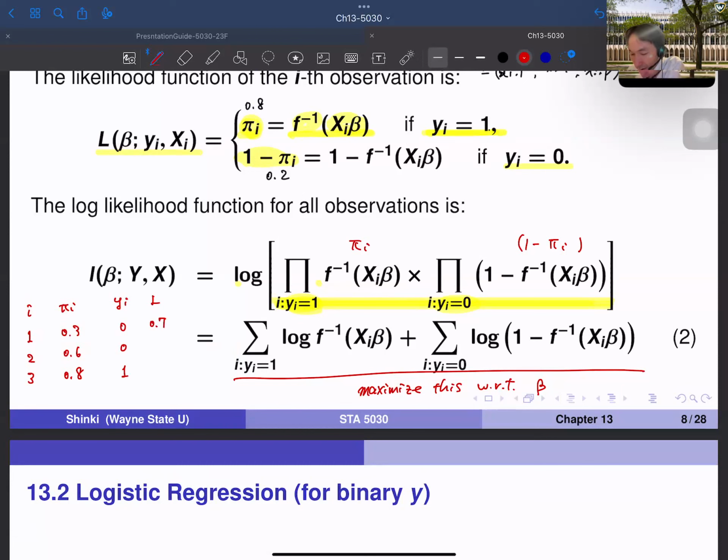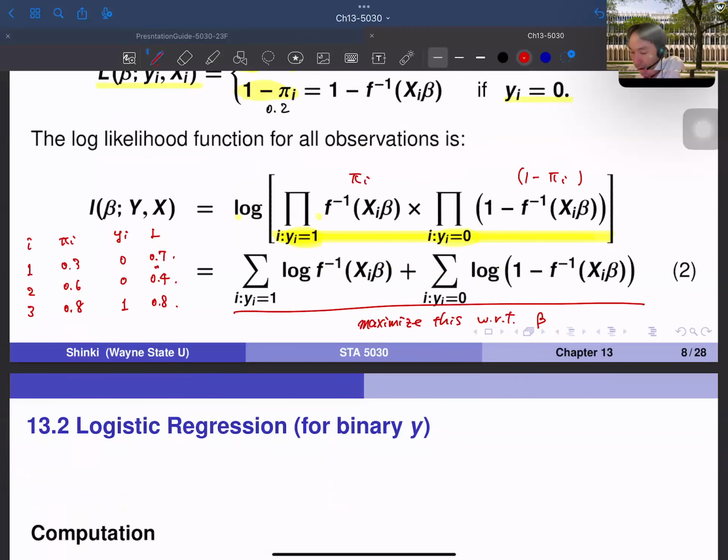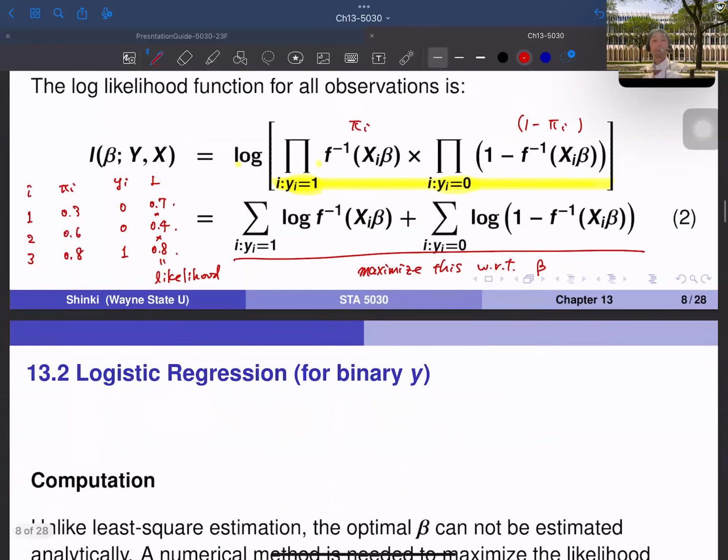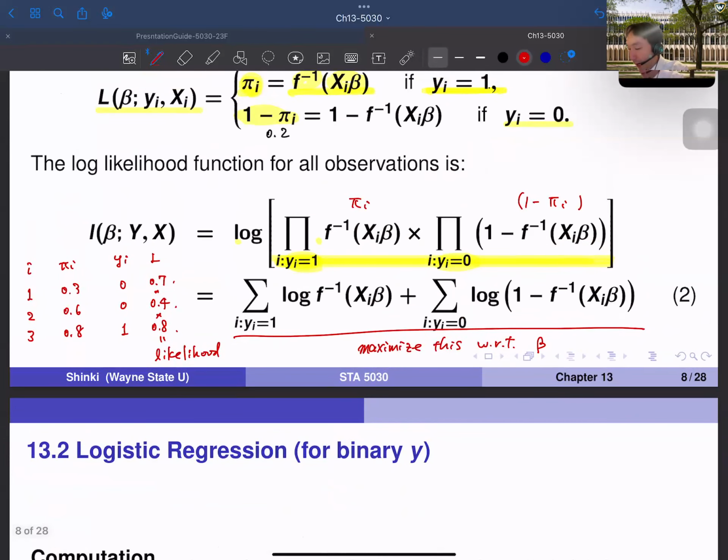So we failed, so 1 minus pi_i is 0.7. And again, it failed, so this is 1 minus 0.6, so 0.4. And the third observation is successful, so the likelihood is pi_i, 0.8. So these 3 probabilities are used for calculating the likelihood. Basically this times this times this is the likelihood.